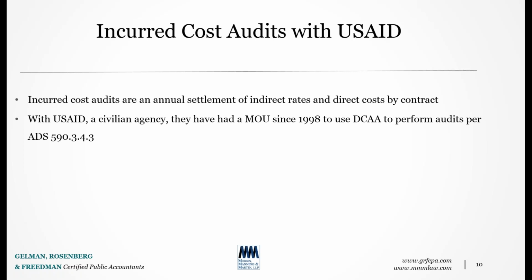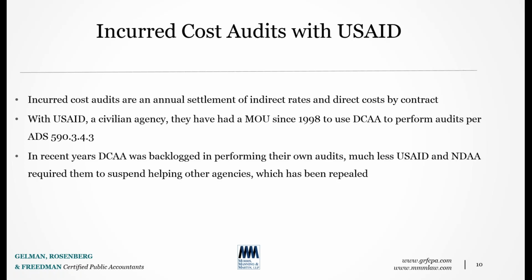USAID has their own rules, and I was looking at them. For background information, they've had an MOU with DCAA for some time now, a good 20 years, to use them to perform the incurred cost audits. But as you know, in recent years, and all of us know, DCAA unfortunately has been backlogged. It's easy to blame them.